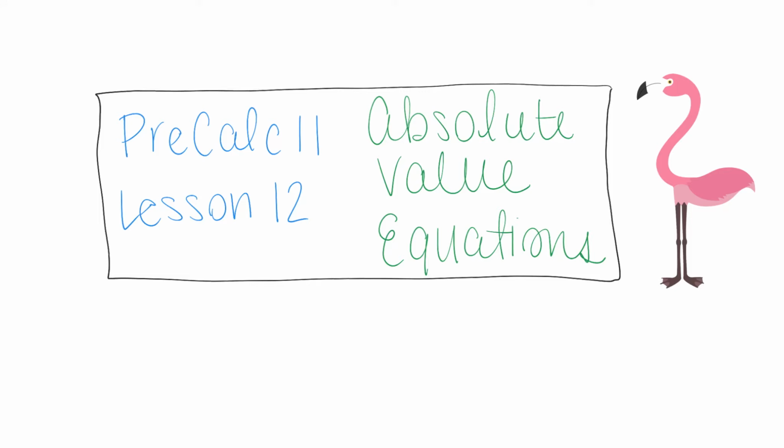Okay, we're going to look at absolute value equations today. So we already know that the absolute value of anything has to be positive. So the absolute value of 4 is 4, and the absolute value of negative 4 is still 4, because the number that's in the absolute value bars, we want to know how far away it is from 0.